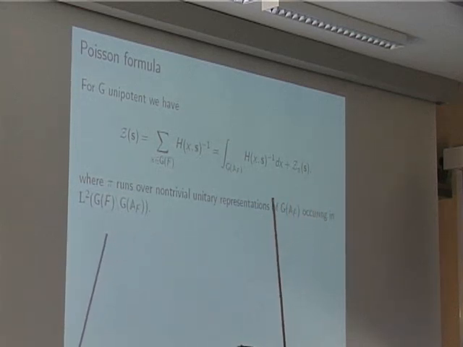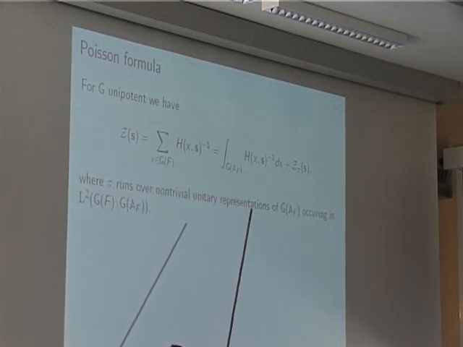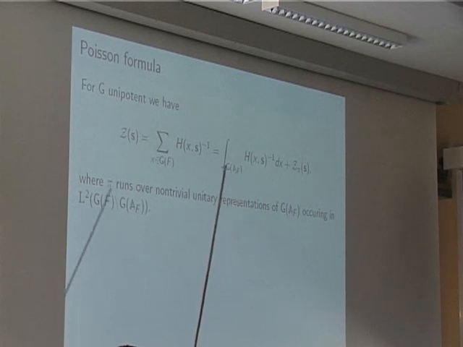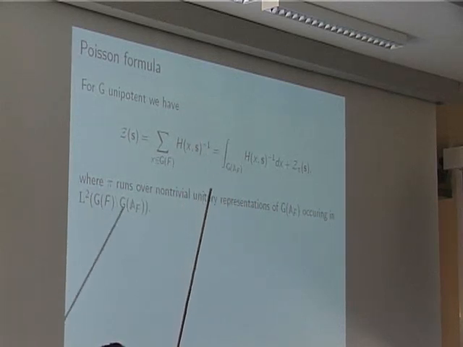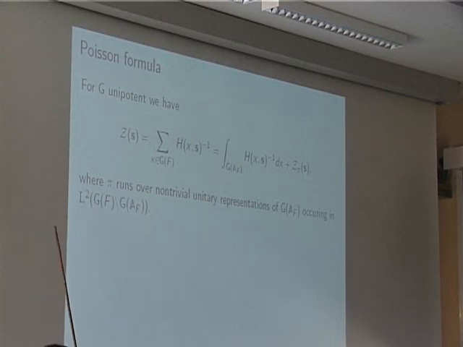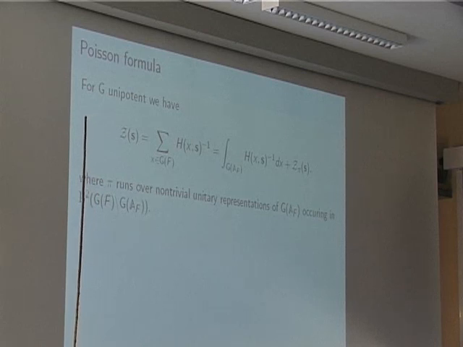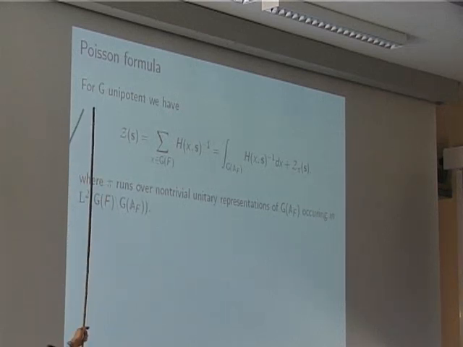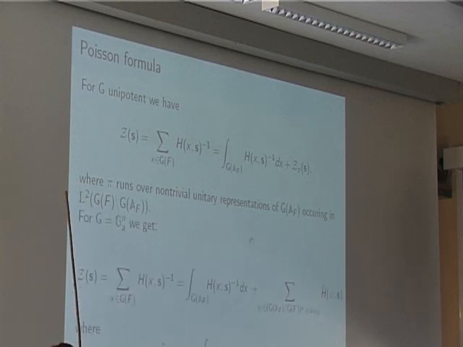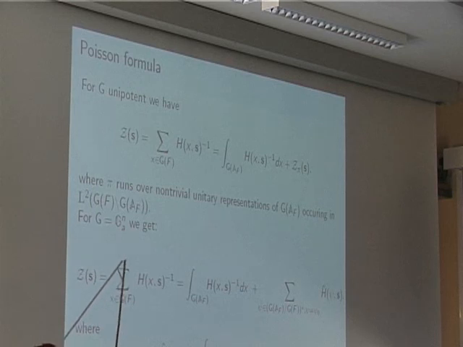Now, in case G is additive, so a product of G_a's, of course, the only representations we'll see are characters. All right? But again, for the Heisenberg group, there is a whole series of infinite dimensional representations that have to be analyzed. So this is a generalized Poisson formula in the unipotent case, and we apply it in the case of G_a to the n. So here is the picture.